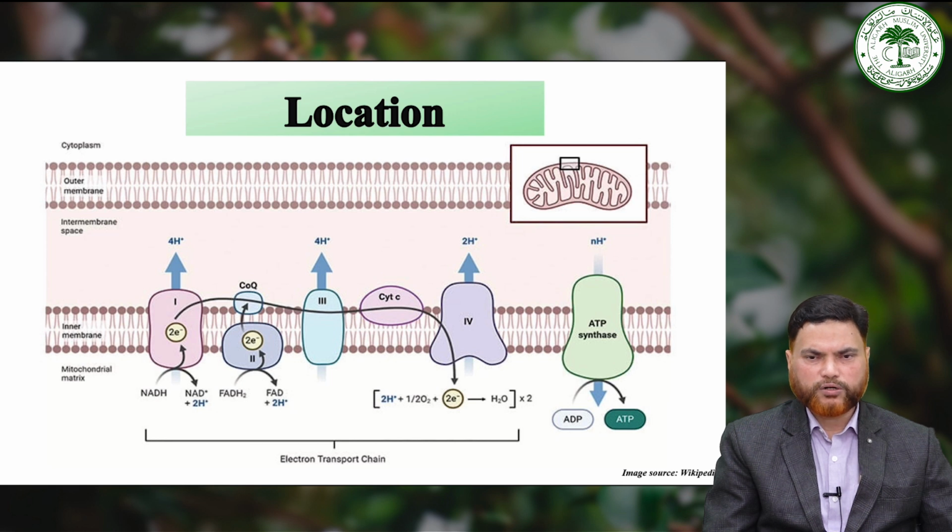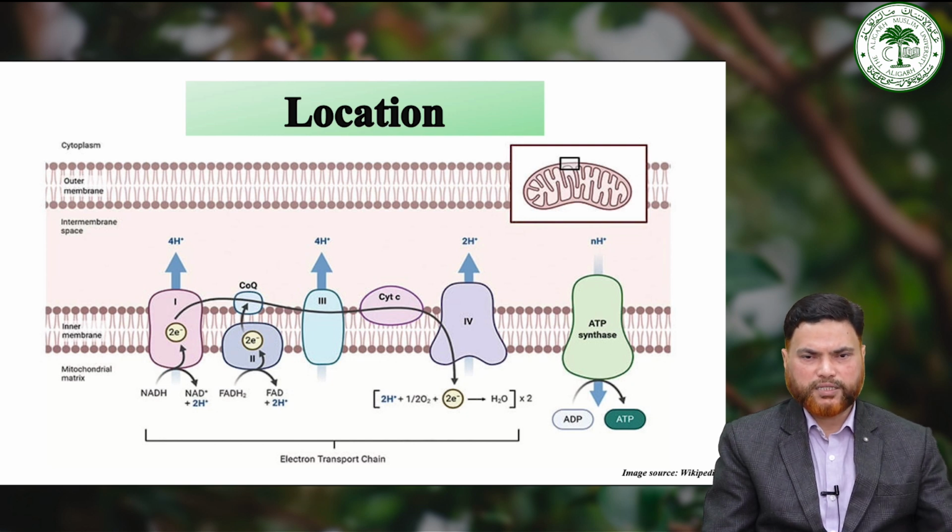The inner mitochondrial membrane is the location where the protein complexes of the electron transport chain are embedded. You see these are the different complexes that are embedded in the inner mitochondrial membrane.